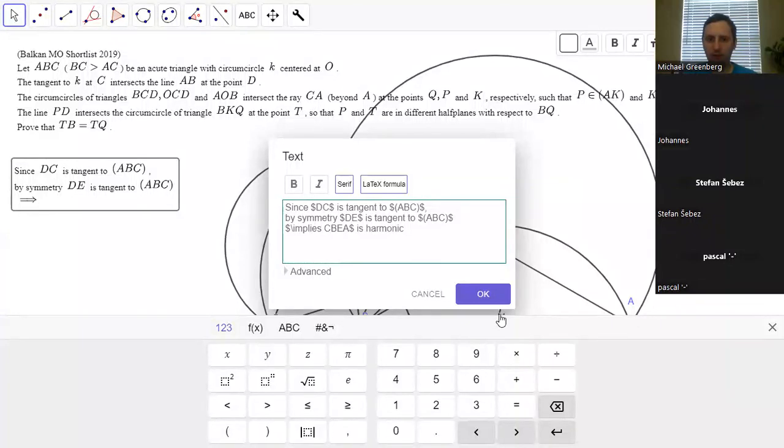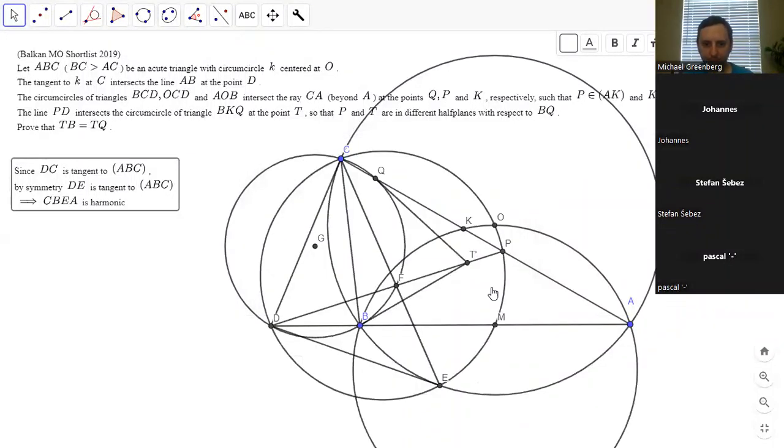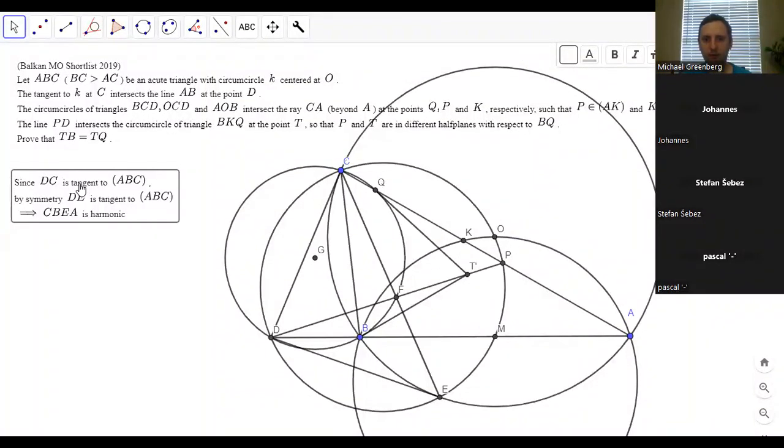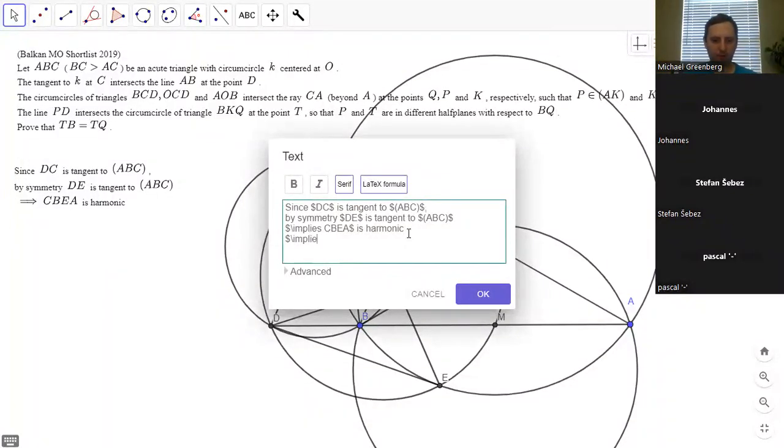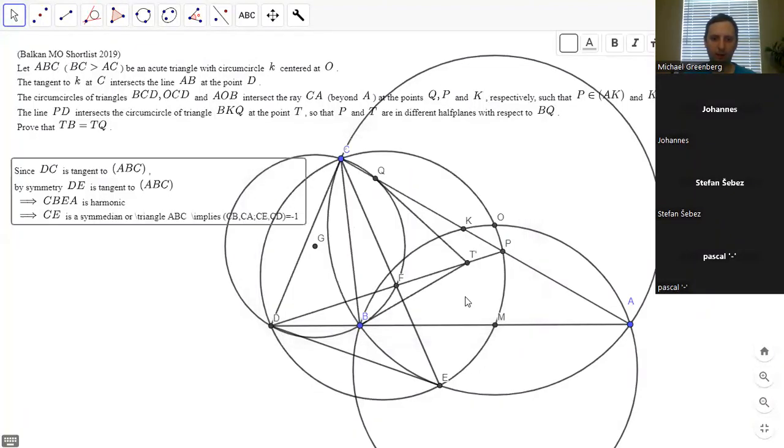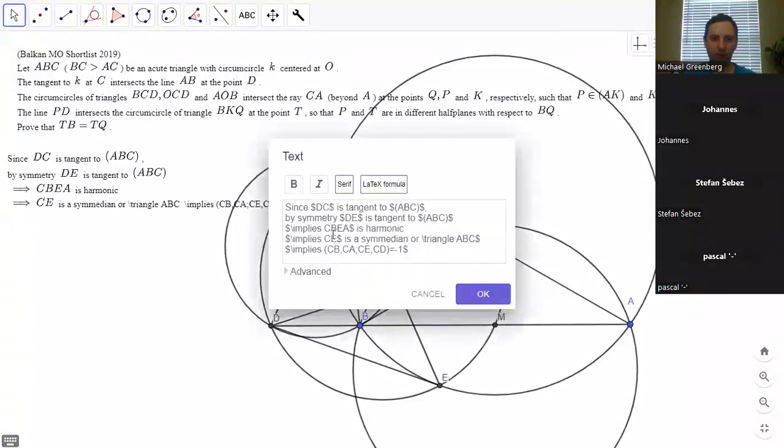And that means that CE is a symmedian of CBA. And that means I can write it like this: CB, CA, CE, CB is harmonic. And then we take that and project it onto the circle CBD.